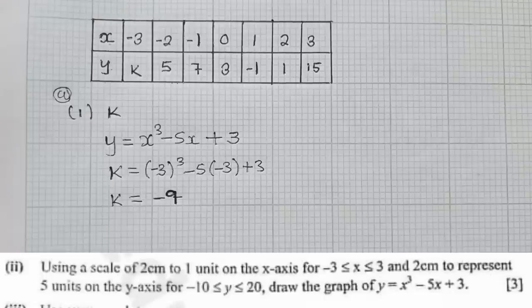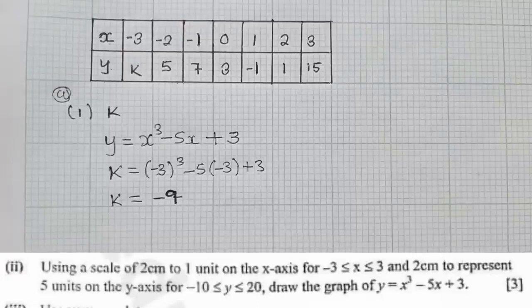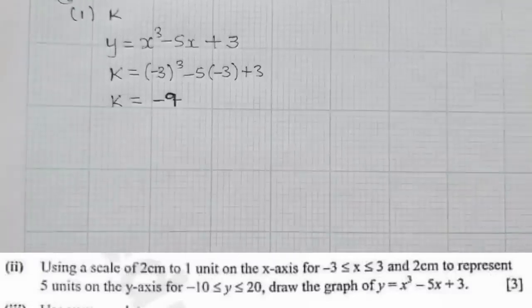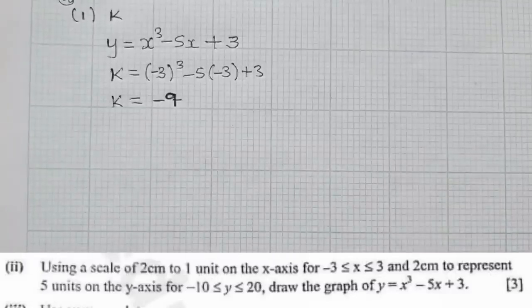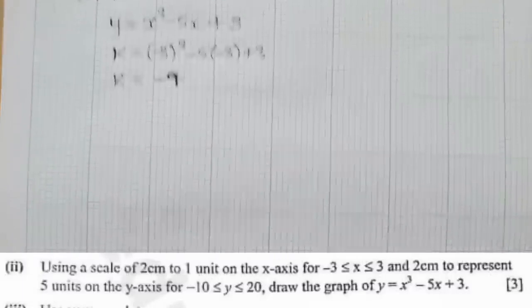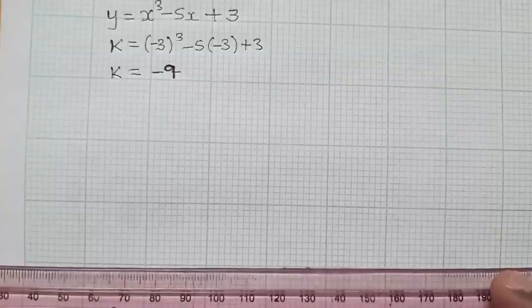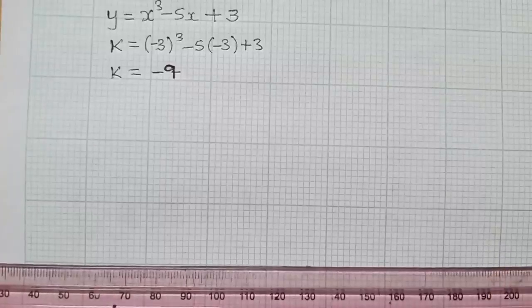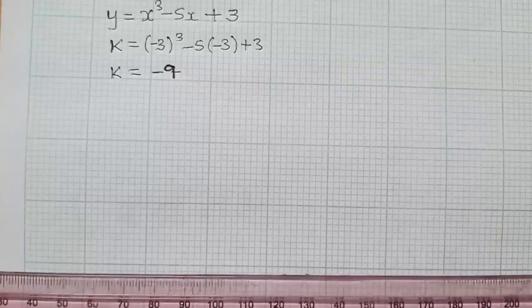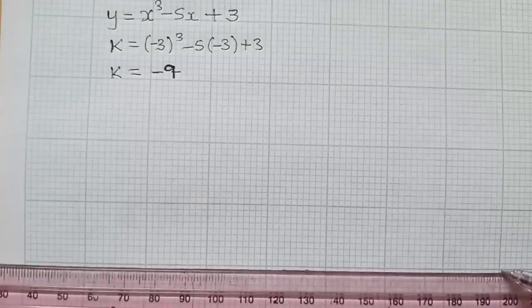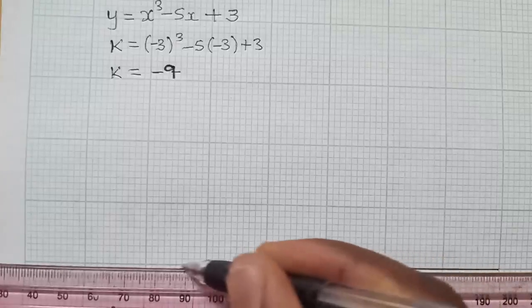The important thing here is to understand the scale. The given scale for the x-axis says -3 is less or equal to x less or equal to 3. So we just put our ruler here and draw the line for the x-axis.